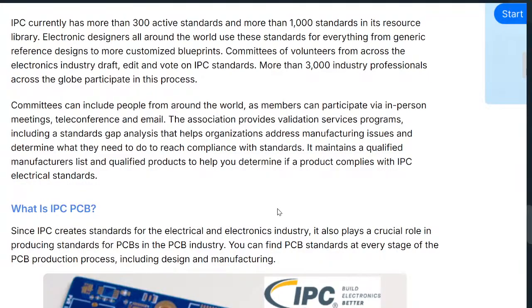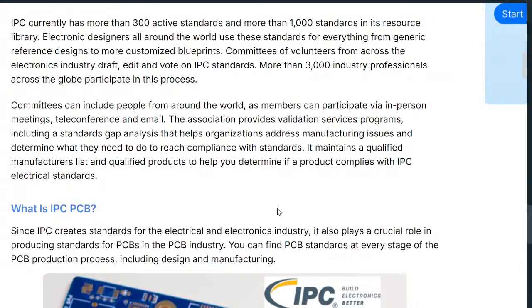Committees can include people from around the world, as members can participate via in-person meetings, teleconference, and email. The association provides validation service programs, including a standards gap analysis that helps organizations address manufacturing issues and determine what they need to do to reach compliance with the standard.